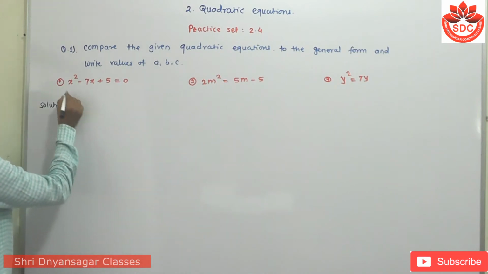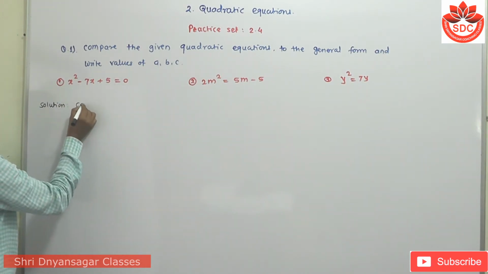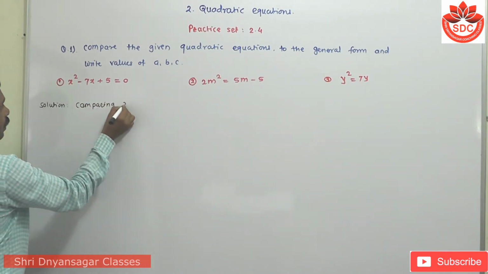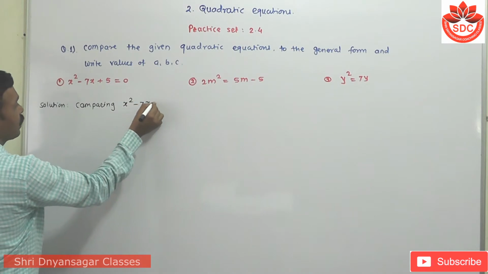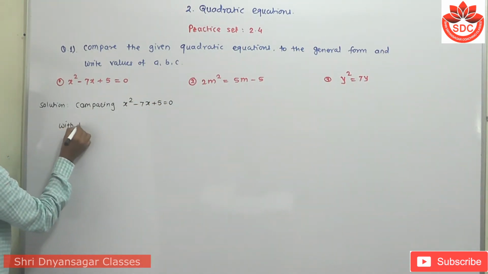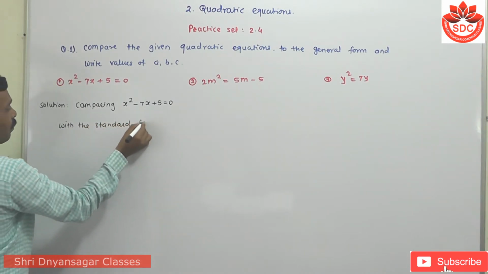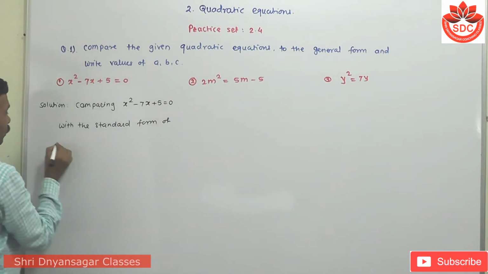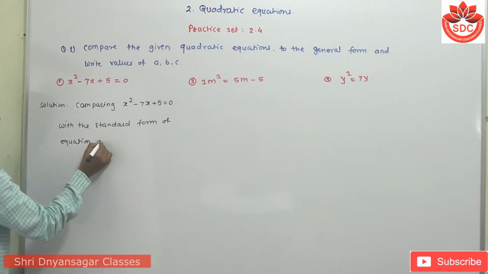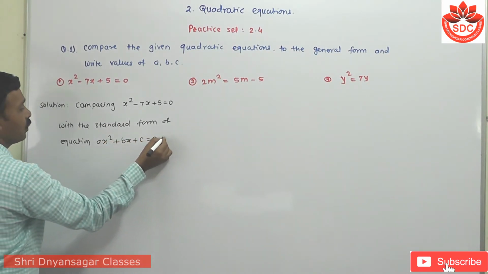Comparing x square minus 7x plus 5 is equal to 0 with the standard form of equation ax square plus bx plus c is equal to 0.